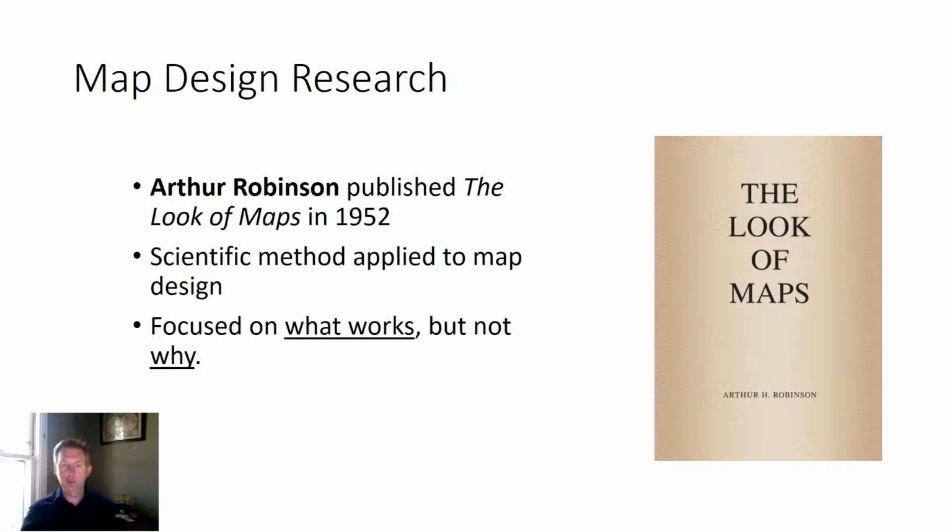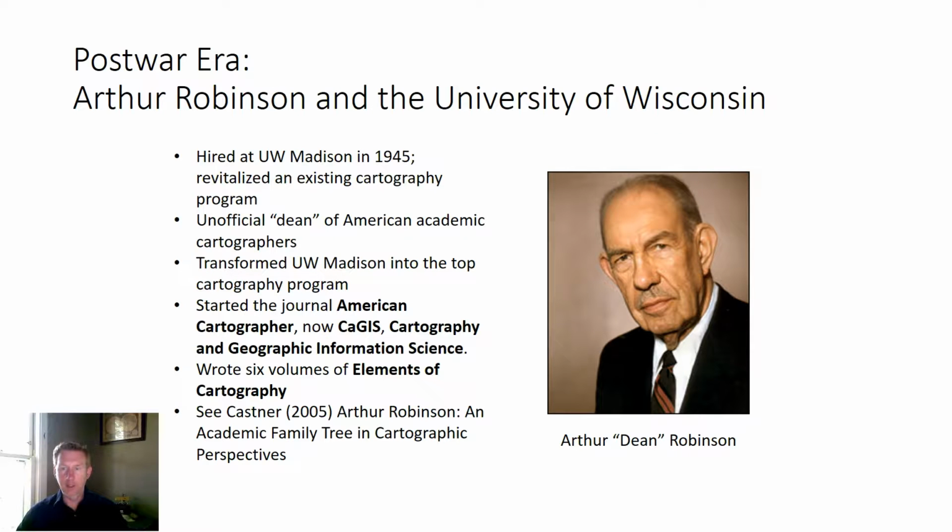Arthur Robinson published The Look of Maps in 1952 and ushered in this new era of academic cartography, where we were really starting to apply the scientific method to map design. Up to this point, we were interested in what works, but not necessarily why. That changes over the next couple of decades.